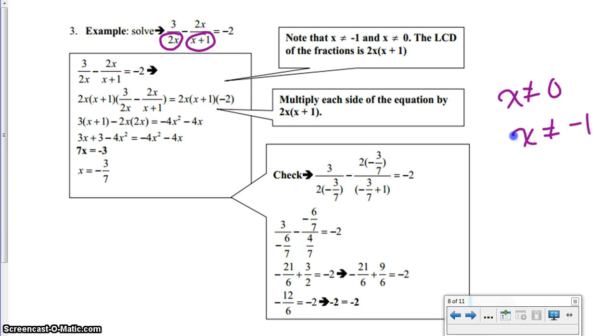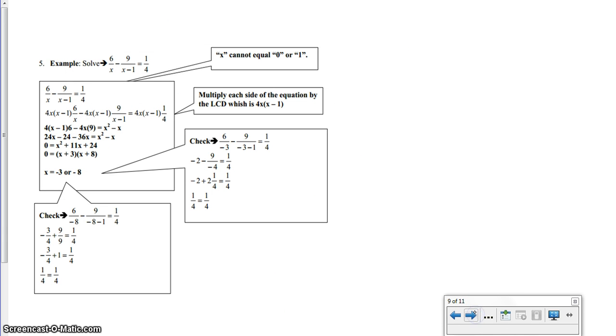Because if it was either one of those answers, then we couldn't do this problem because we can't have 0 in the denominator. Now, for those of you who are hyperventilating right now and you're going, Ms. Rose, you're going too fast. All I want you to do is write down this problem and write down the explanation. We're going to spend all of our class doing this tomorrow.